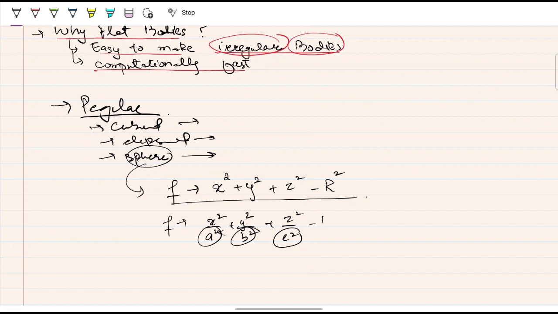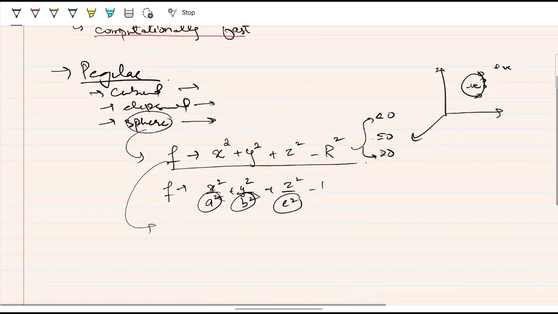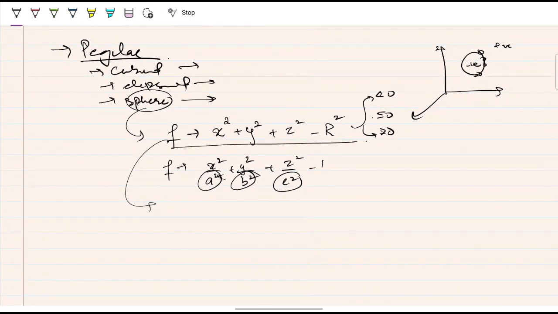These functions take three kinds of values: less than 0, equal to 0, and greater than 0. So if they have a pattern, like positive outside, negative inside the sphere, and 0 on the surface, you can use a function in Matlab to plot it, as I have already shown.